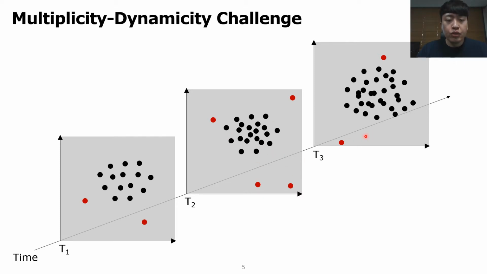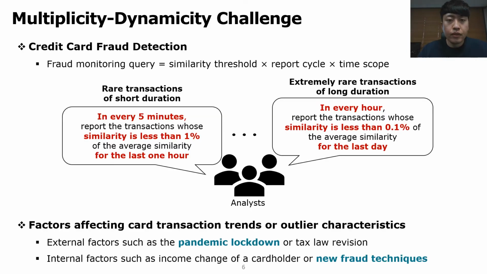So we have to find those multiple outliers at each time step, and their changing characteristics should be captured by outlier detection algorithms. In real life, we can find many applications which show multiplicity and dynamicity challenges.